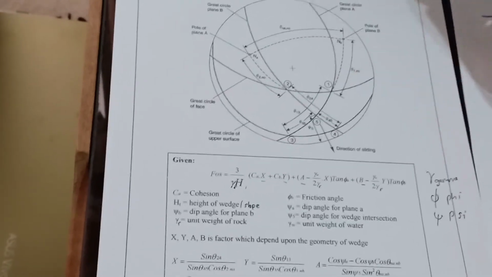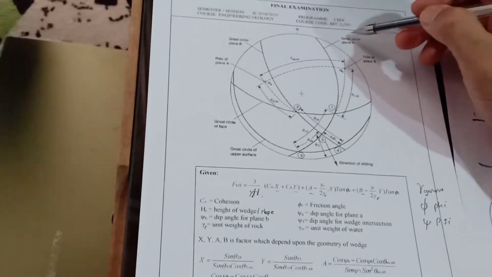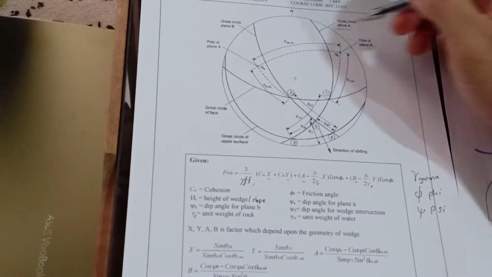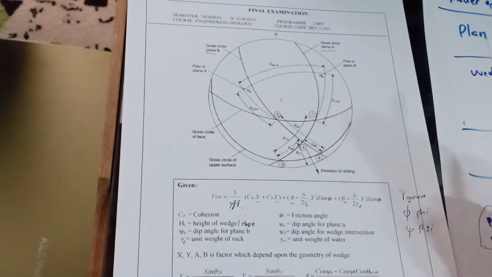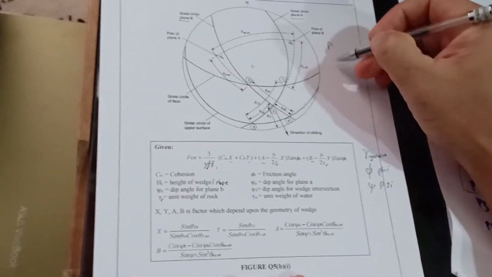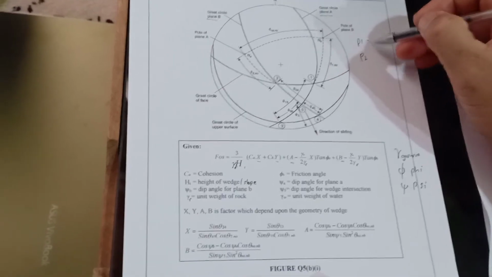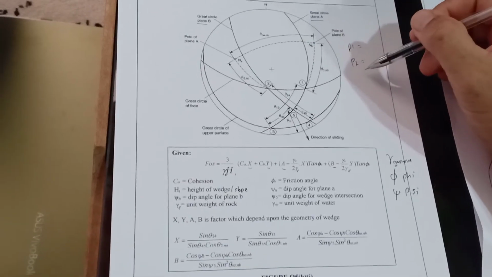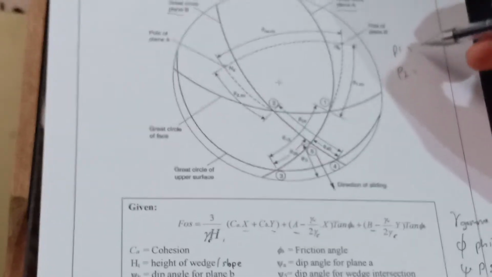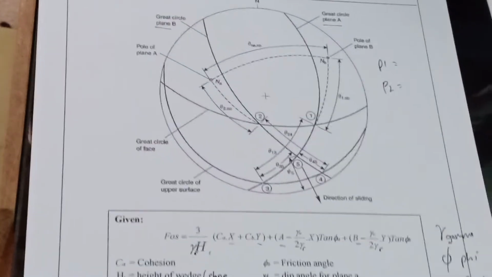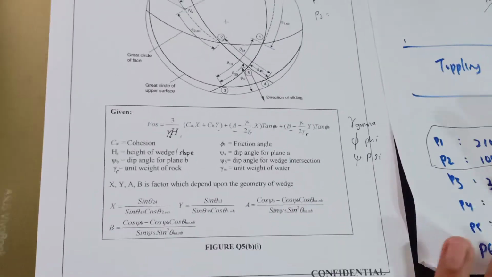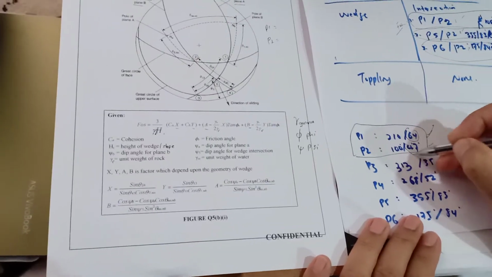First, you have to find what is plane A and what is plane B. In this case, we have 2 planes in the intersection, P1 and P2. Now we have to determine whether P1 or P2 becomes A or B. To choose whether it is A or B depends on their dip angle.